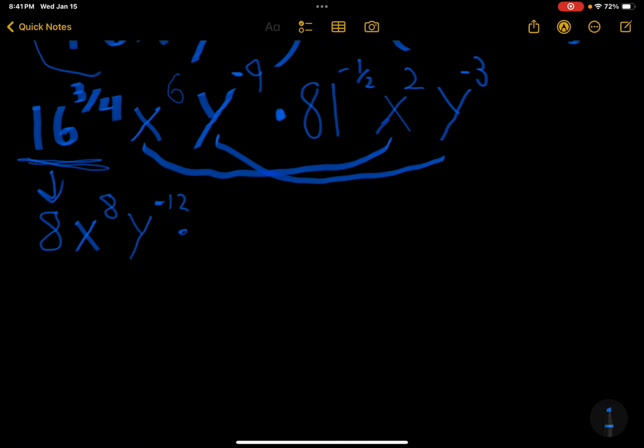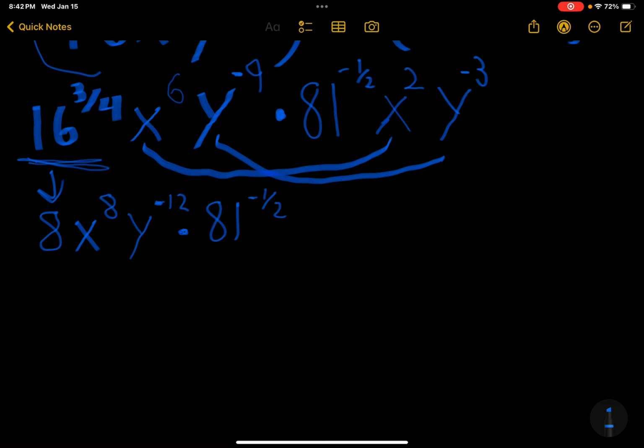Times 81 to the negative 1/2. So these negatives, to get the negative away, we put it in the fraction and we put it as a denominator.